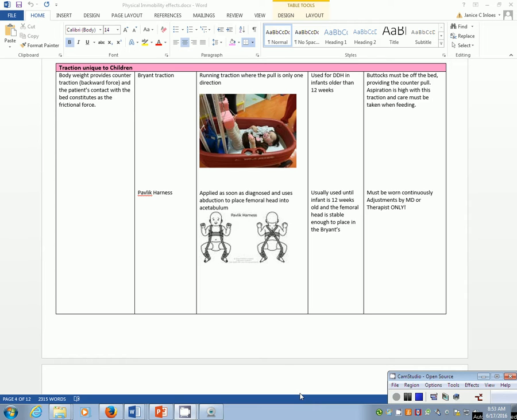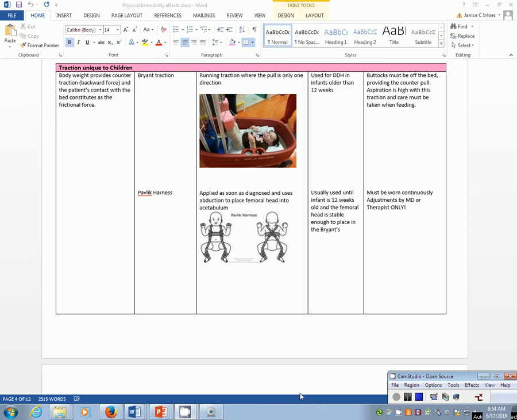So we like to put the pelvic harness on. Again, this is used for developmental dysplasia of the hip. As soon as we diagnose the baby, we want to put this particular traction on. We normally want to get this on them from the time that they're born up until they're about 12 weeks old.